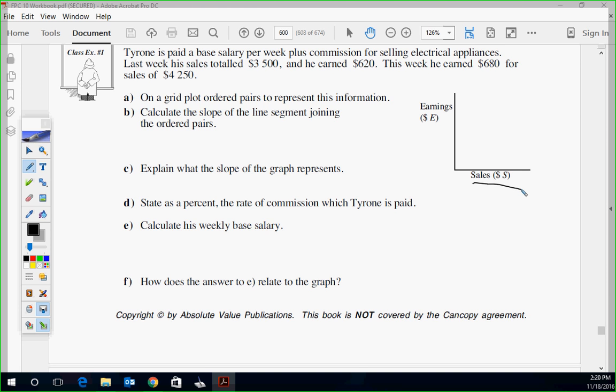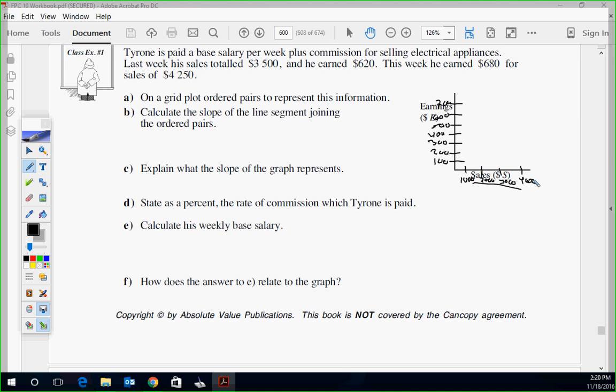I'm going to go by hundreds for my earnings, and for my sales, I'm going to go by 1,000. We're just going to roughly plot the points.